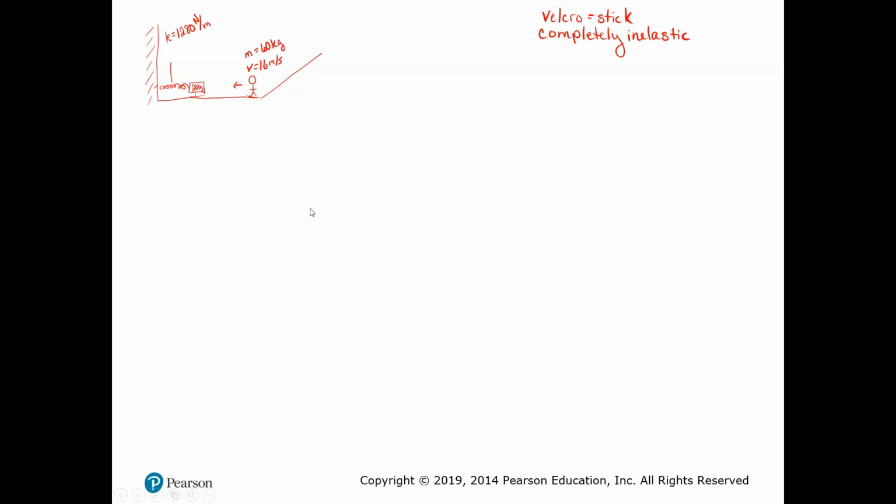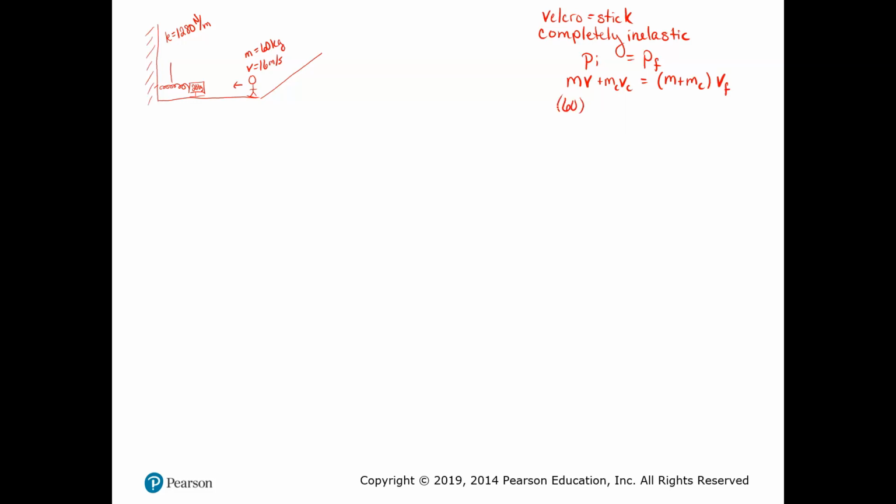So momentum is conserved, and my initial momentum is going to equal my final momentum. Initially, I have the mass times velocity of me plus the mass of the cart times the velocity of the cart. Finally, I have the mass of the person-cart system, because we're sticking, times the final velocity.